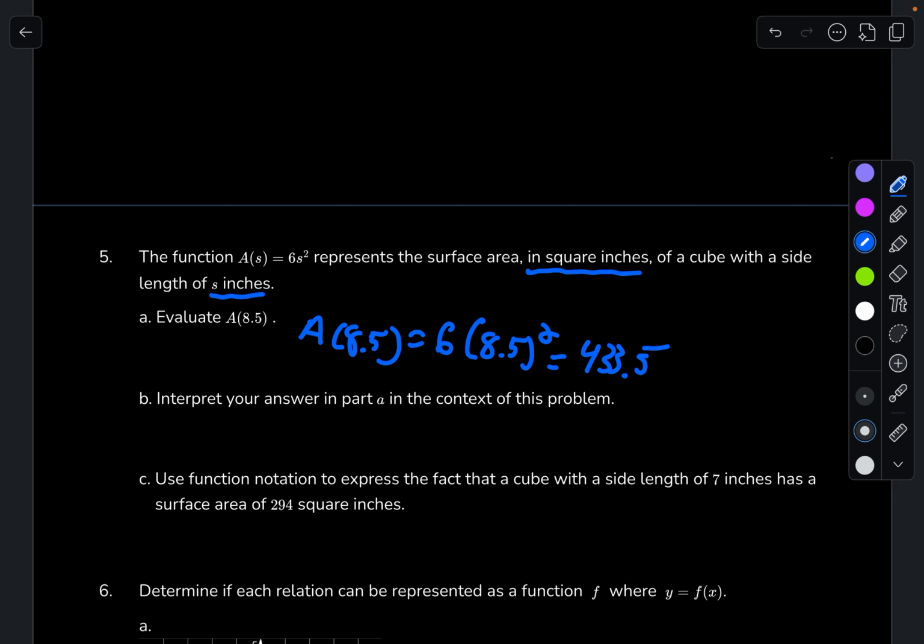Okay. Interpret your answer in part A in the context of the problem. Well, yes, it's 433.5.